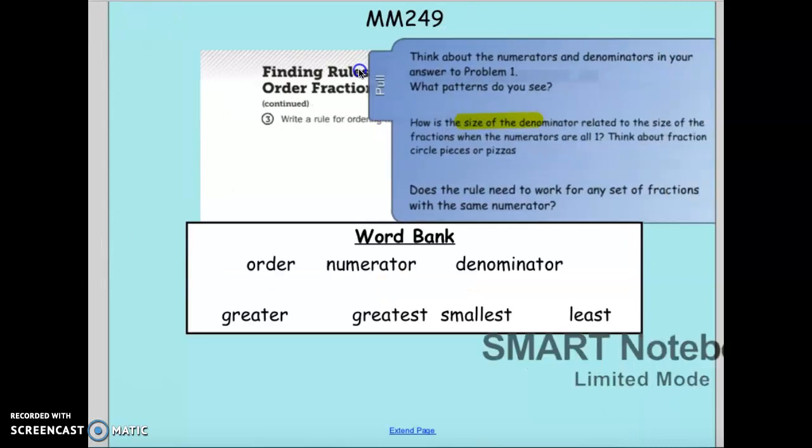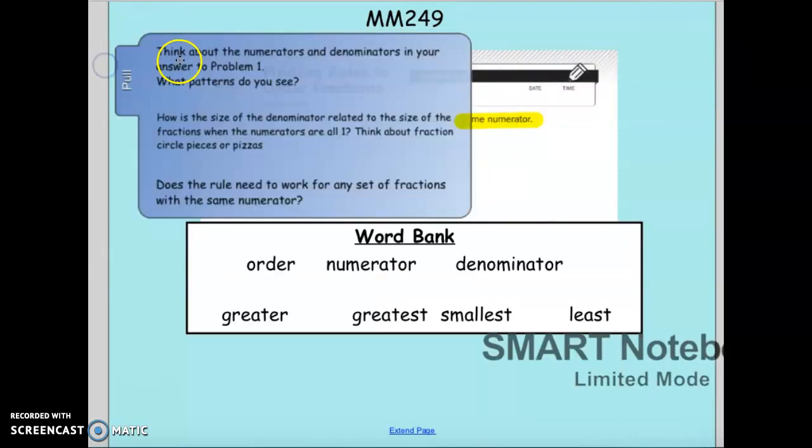Some other things to keep in mind are, think about the numerators and denominators in problem 1. Again, what patterns do you see with the numerators and denominators? How is the size of the denominator related to the size of the fractions when the numerators are all 1? Think about fraction circle pieces or pizzas.